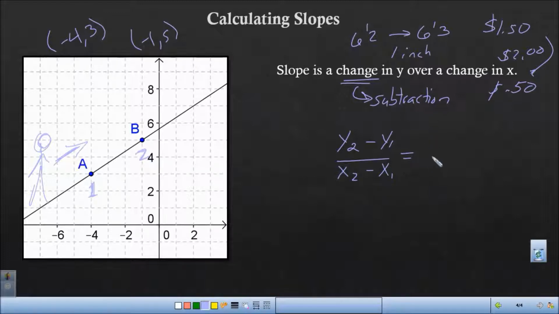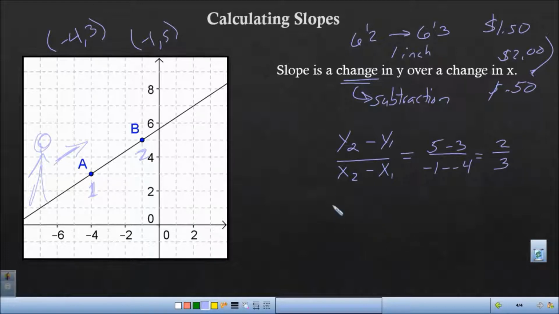Point number 2 has coordinates -1, 5. Point number 1 is -4, 3. So we're going 5 minus 3 over -1 minus -4. Notice that I've taken the time to put minus a negative in there. This is important. We know it's positive, but we're reminding ourselves that we're subtracting. So 5 minus 3 is 2, and -1 plus 4 is 3.